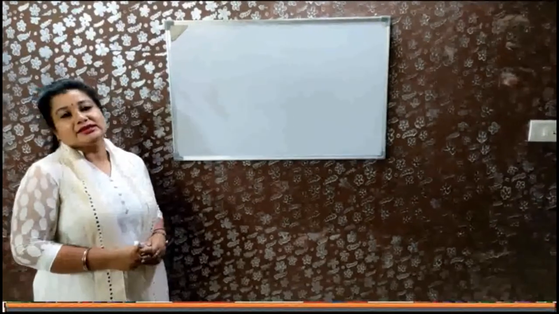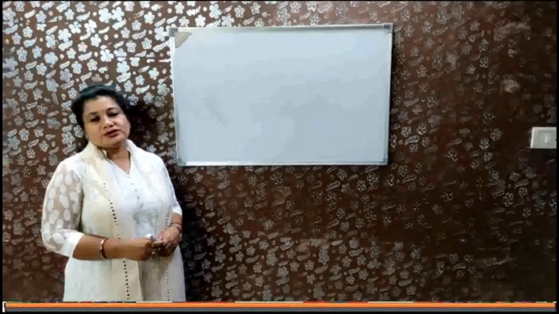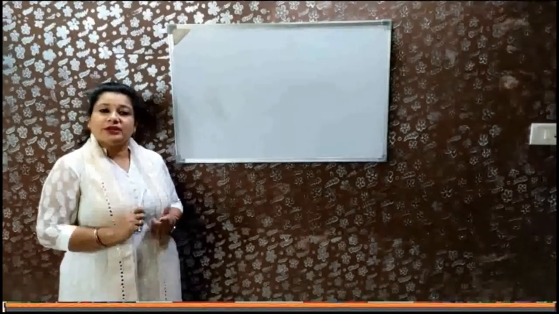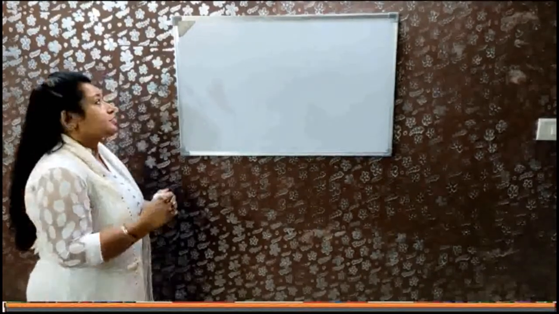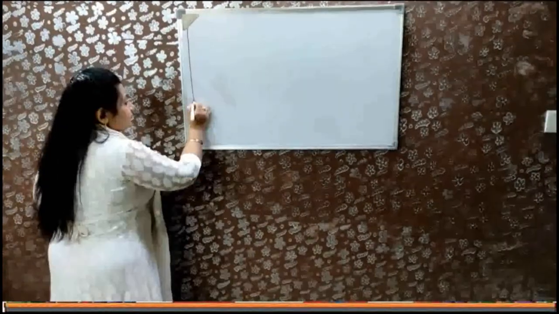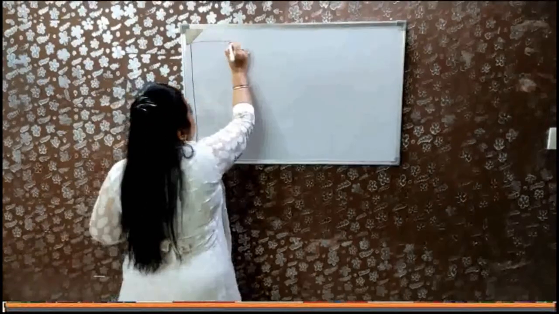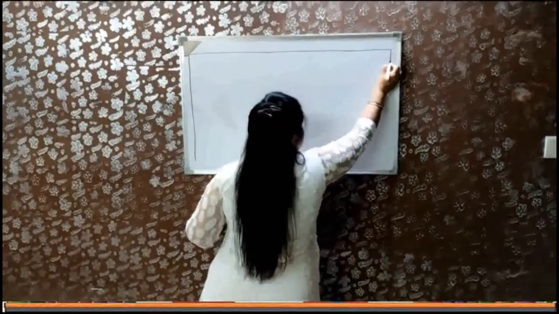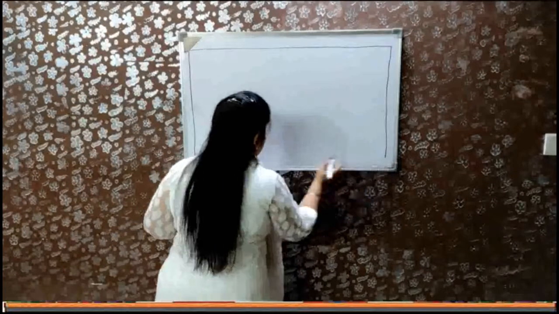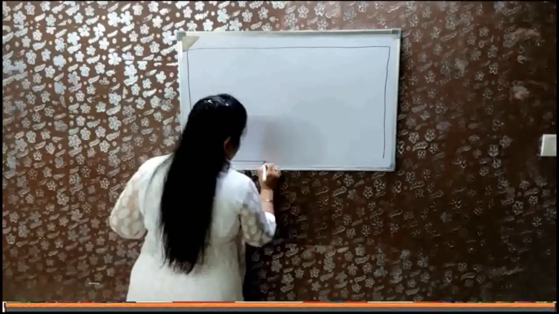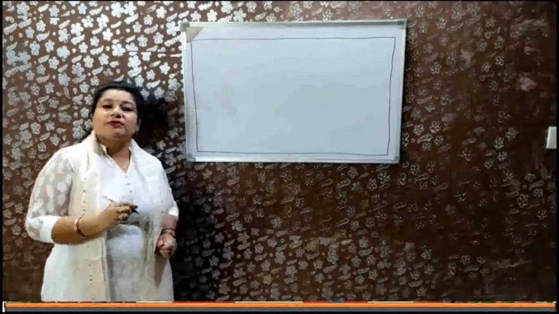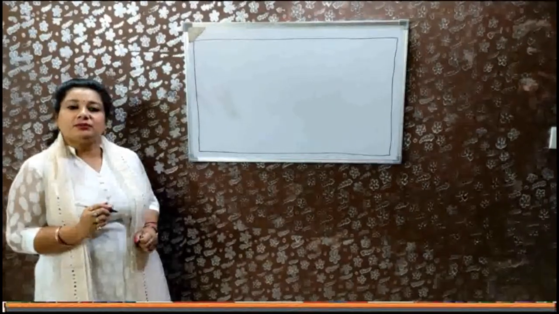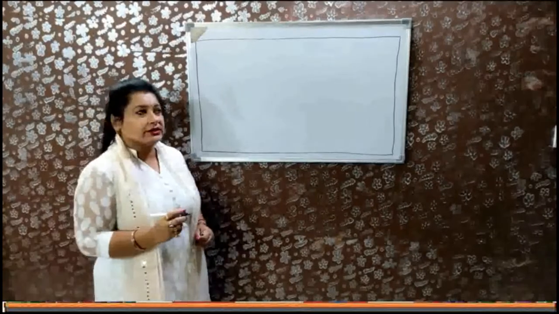Children, now let's understand the format of a notice writing. The first and very important thing is that notice is always written inside a box. Now, on the top and very first line, we write the name of the school or the organization.